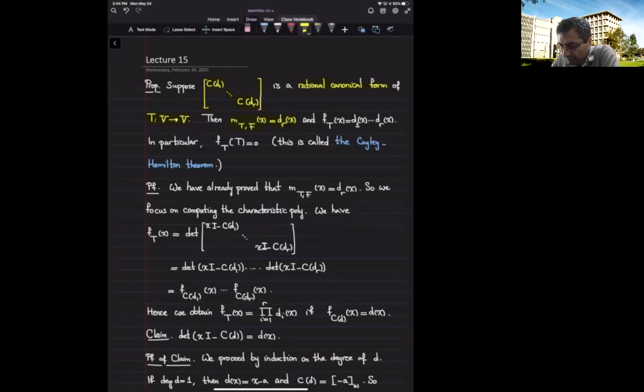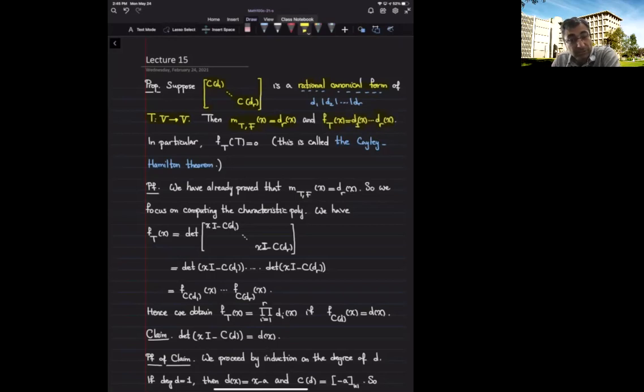So here again, as part of the definition of being a rational canonical form, I'm assuming that D1 divides D2, and so on, and they are monic, non-constant polynomials. So if this is a rational canonical form of the linear transformation T, then the minimal polynomial of T is the last polynomial, and the characteristic polynomial is the product of these D_i's.